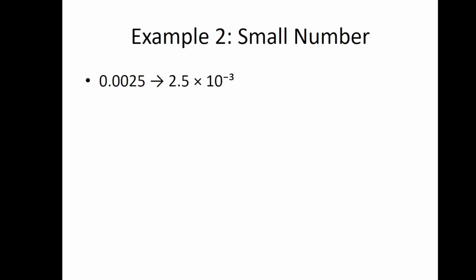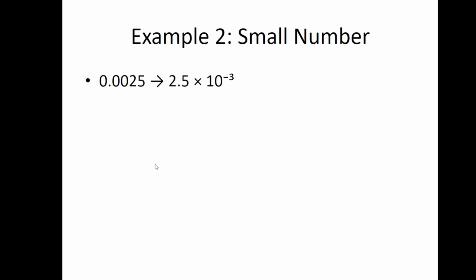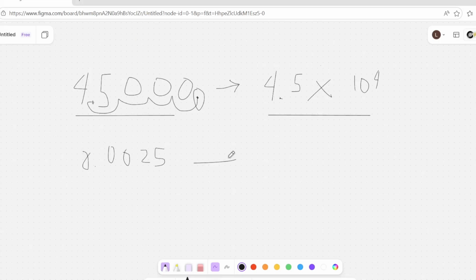So example number 2. In this case, we have 0.0025. To assess this, let's first write 0.0025. To get it into this form, we need to move the decimal point to the right: 1, 2, 3.